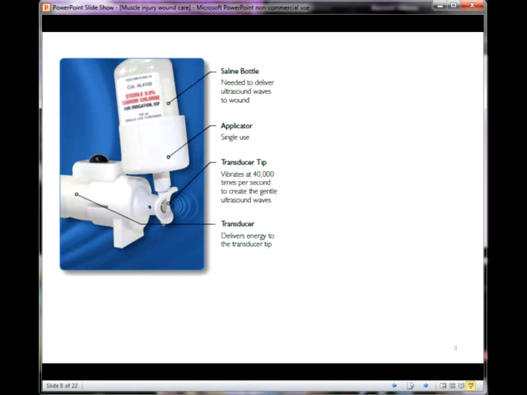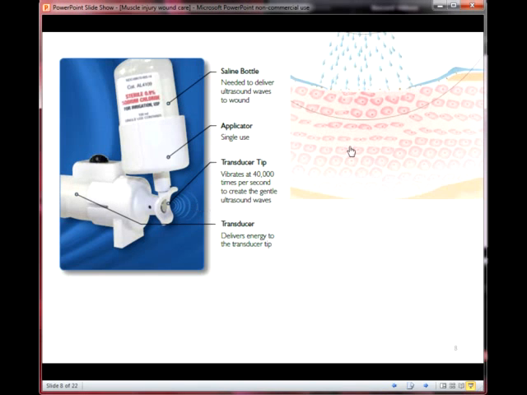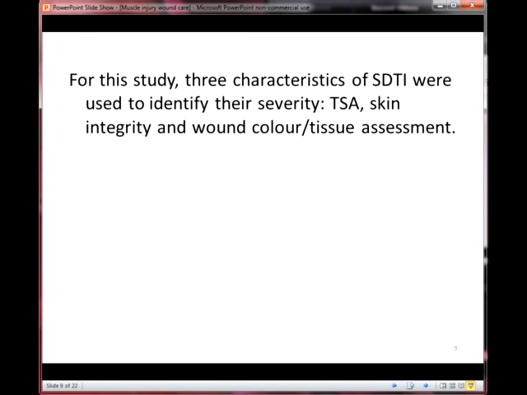It has a saline bottle up at the top, as you can see up here, and then this makes the ultrasound, and that ultrasound then travels through the saline mist onto the patient. And here you see the ultrasound wave and the saline mist. What it does is it penetrates into this tissue, and the company actually comments that this ultrasound can break up bacteria. I haven't seen the primary literature to support that, but that's what the company states.